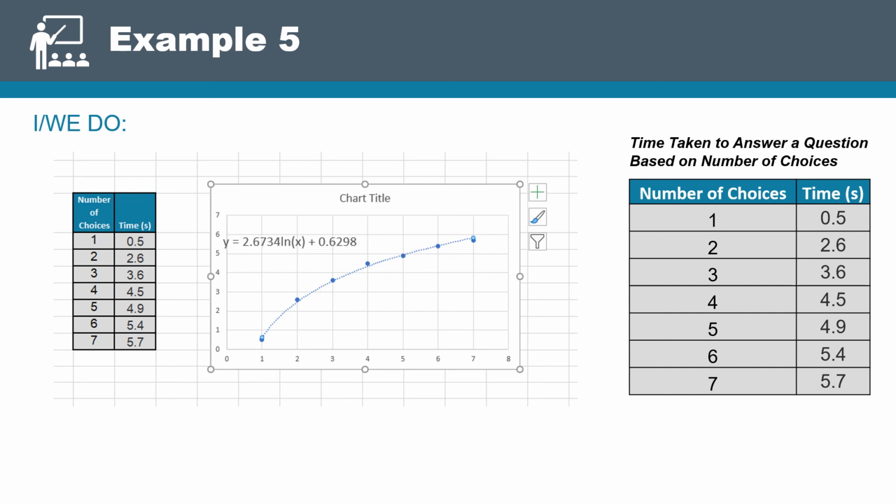Click on the chart, select add chart element in the upper left-hand corner, select trend line, go to more trend line options, and then select logarithmic. Finally, display the equation on the chart, which is the next to the last option in the format trend line box.